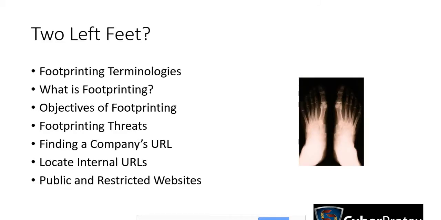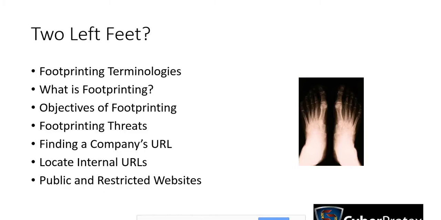So really, if you've heard the term or been able to talk a little bit about this, two left feet, if you're tripping over yourself and you don't know how to do things, it's quite important for us to start at the basics and get deep into not only some of the technical side of the house, but the management side as well.